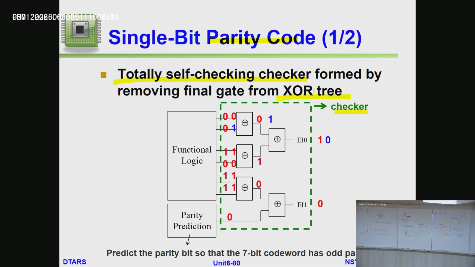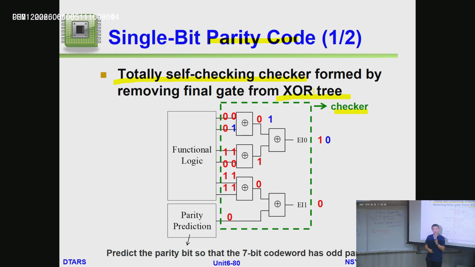No. I believe you don't need to pay because your area is restricted to some values. But if you have more bits, you will have more interconnect. Your area will become larger. Okay. So later we will focus on whether we can add some more check bits so that we can do error detection and also correction.